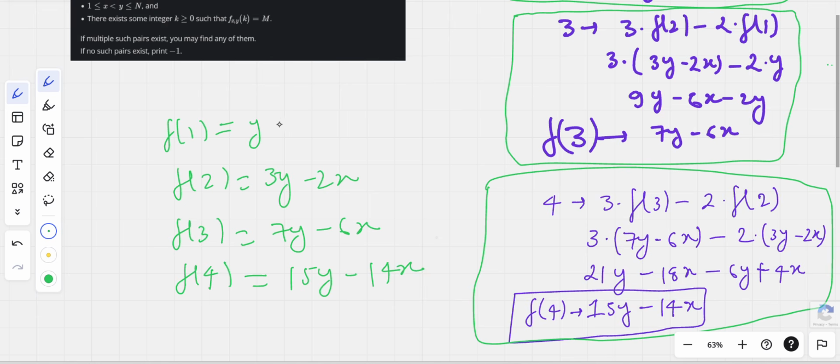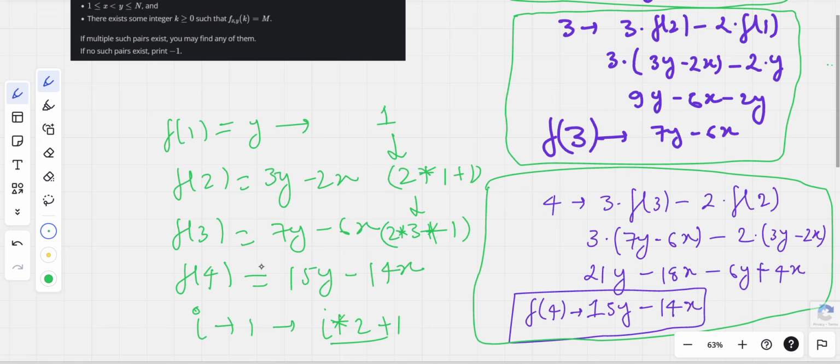You can see that the coefficient is 1 here, then the coefficient becomes 2 times the previous plus 1, which is 3. Then again, 3 into 2 plus 1 is 7, same. So the relation is, if you start from i is equal to 1, then i becomes i into 2 plus 1 every time, like here 1 into 2 plus 1.